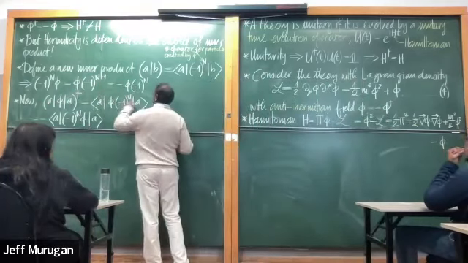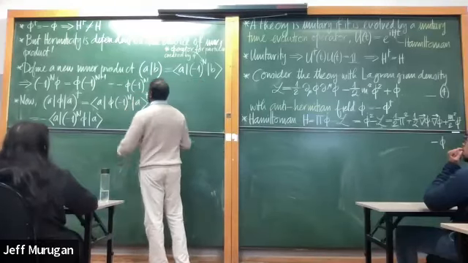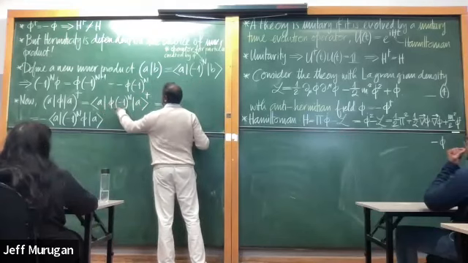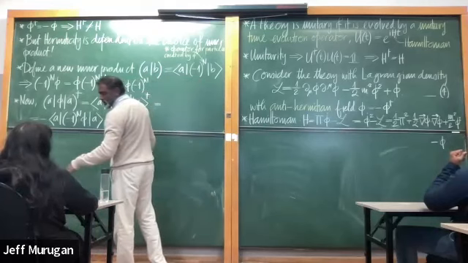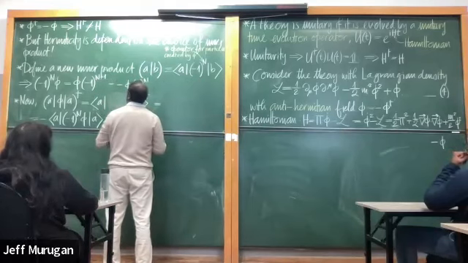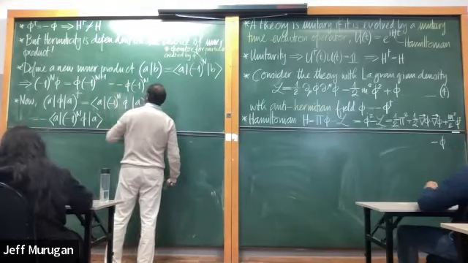So there's a dagger there. And this dagger tells me that I should take kets and make them into bras. This is a (-1)^N phi.